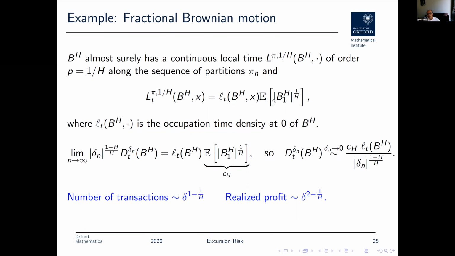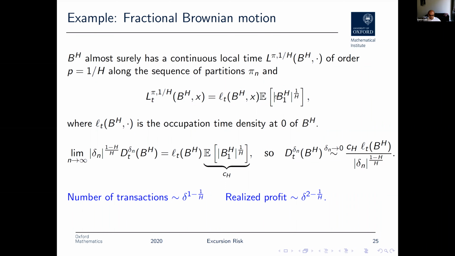It's the same for Brownian motion because the pth order variation is proportional to t. So whether you look at occupation time or the pth order variation, you're looking at the same thing up to a constant. So in this case, the occupation density is proportional to the local time of order 1 over h, and the proportionality constant is shown here.